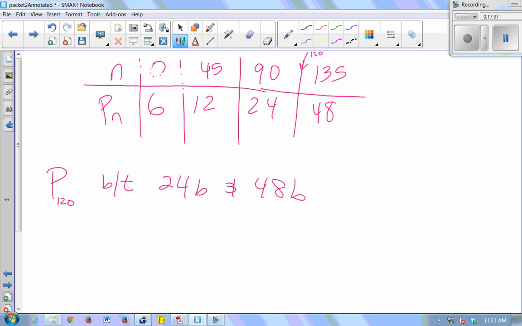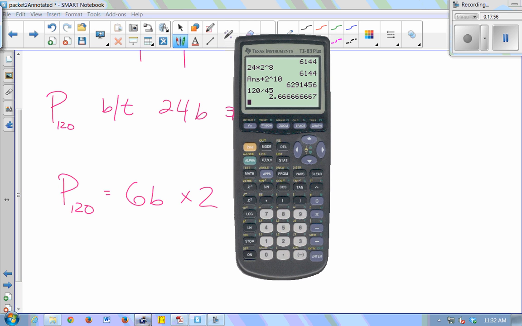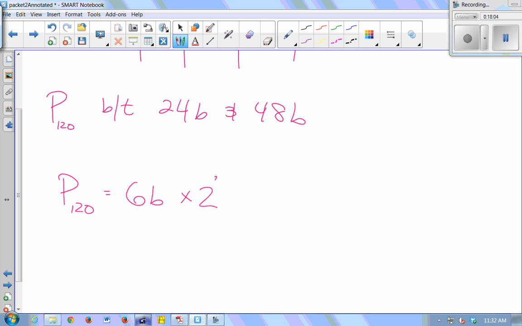So let's just use the same exact procedure we did before. We said, start with your 6 billion, right? And you're going to multiply by 2 some number of times, and I used an exponent to represent how many times I multiply by 2. So let's let that exponent be 2.67, right? The number of sets of 45 years that have gone by. It's not a whole number, but who cares, right?